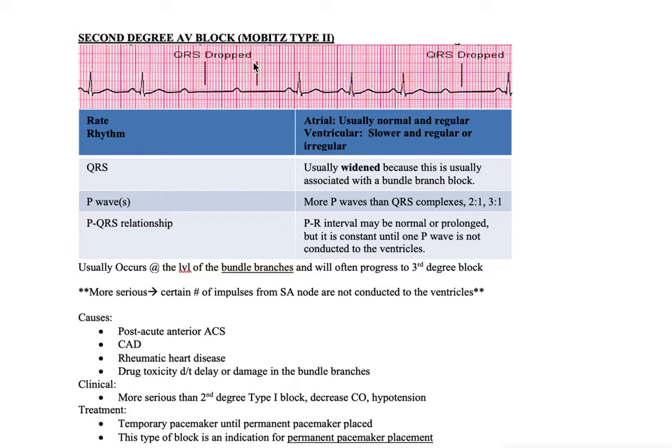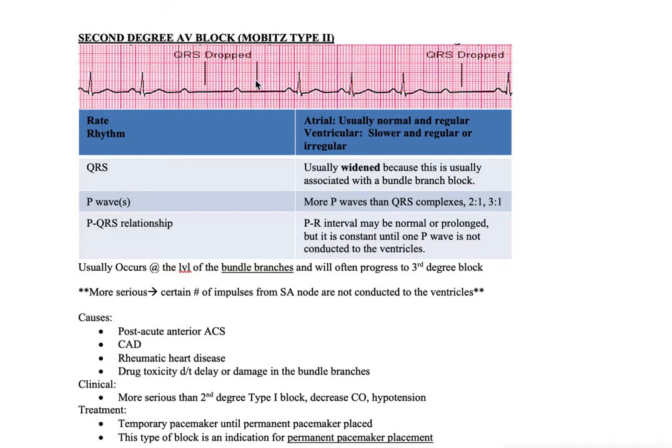So the first thing that we're going to see is basically these P waves, you'll notice, are more frequent than our QRS complexes. So why is this?